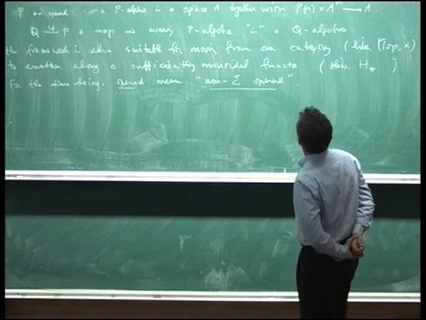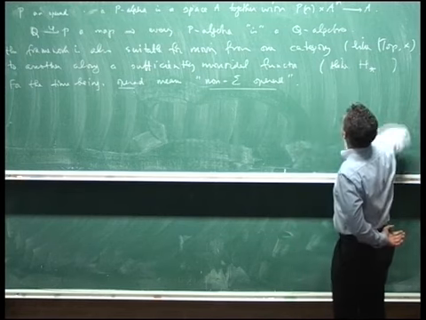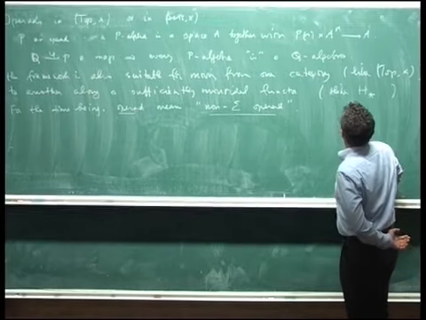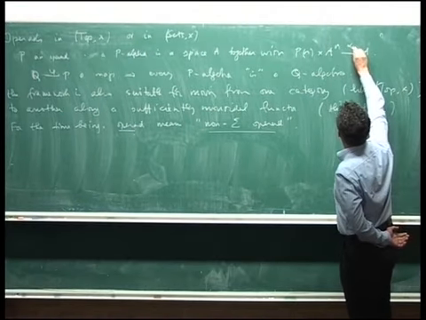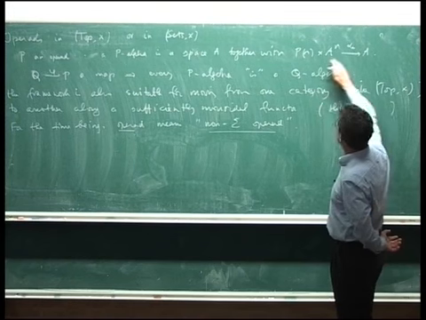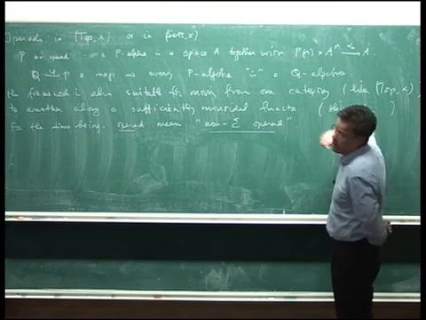Okay, so let's go back to the second line. A P-algebra is a space together with some action maps, alpha n, for example, and they should satisfy some equations, of course.